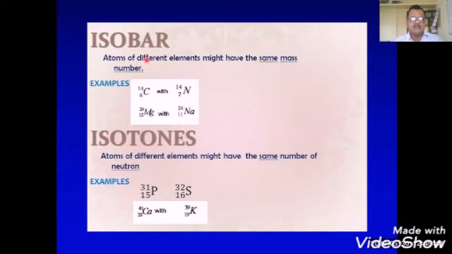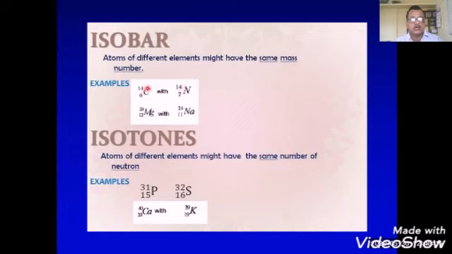Atoms of different elements means they have different atomic numbers, but they have the same mass number. So there are two examples, 6 carbon 14 and 7 nitrogen 14. So you see 6 carbon 14 is an atom of carbon and 7 nitrogen 14 is an atom of nitrogen. They have got the same mass number.